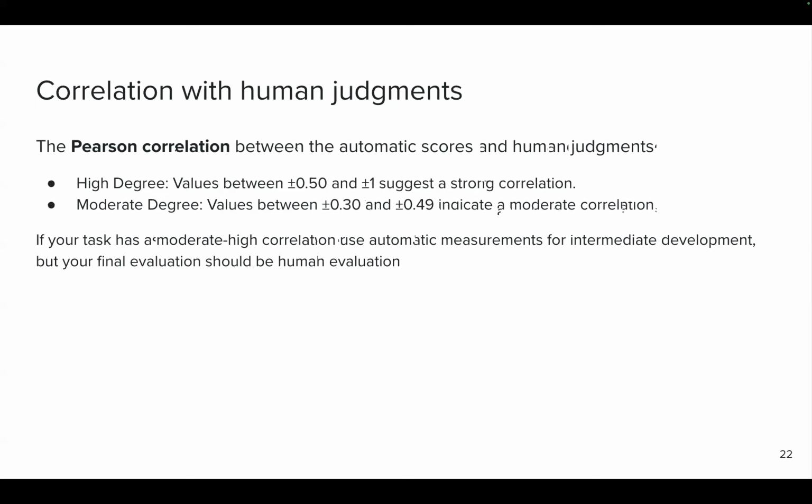So you use it throughout the modeling process, but eventually when everything is done, you will also do human evaluation as the final evaluation of your method. And this is just the final thing you do in terms of evaluation.